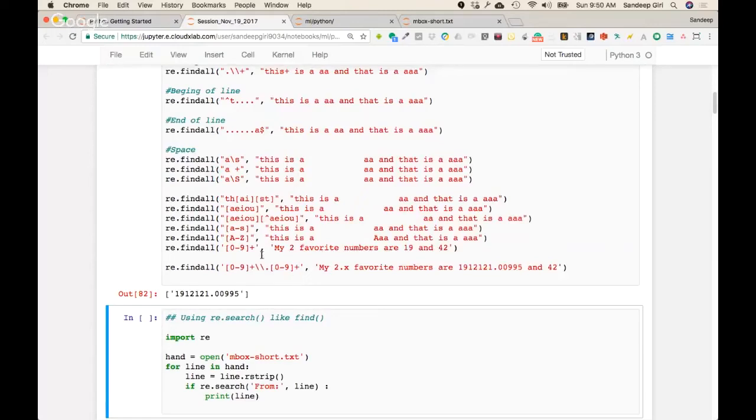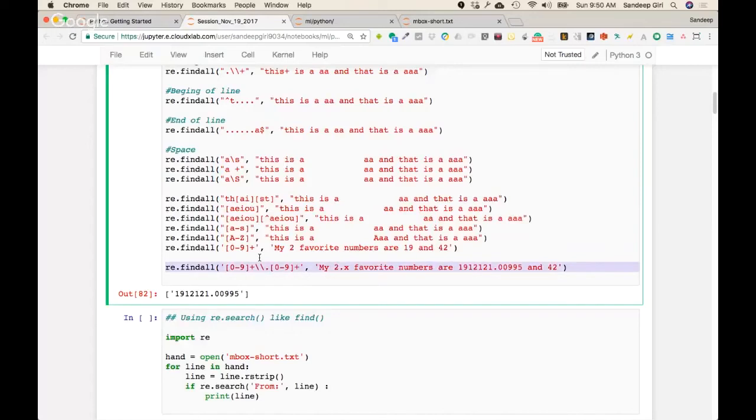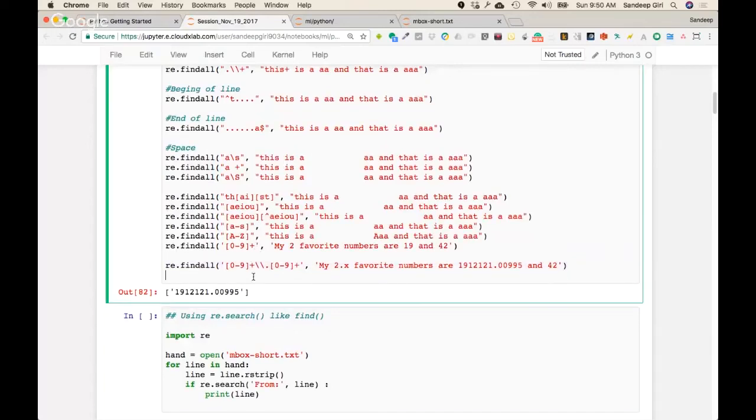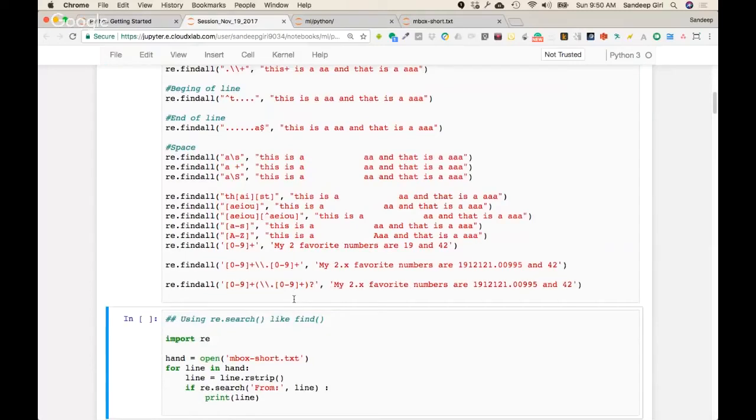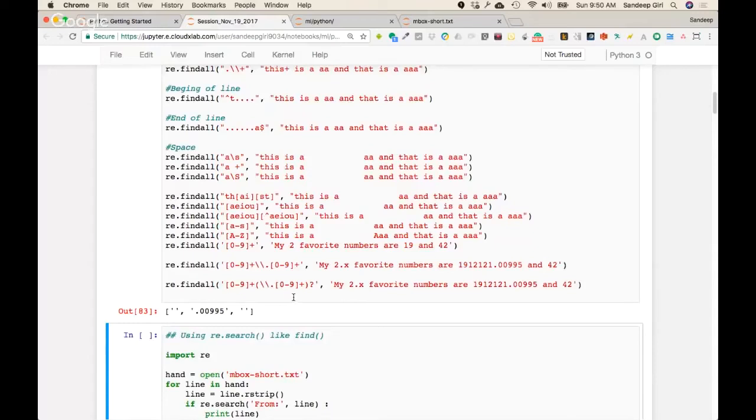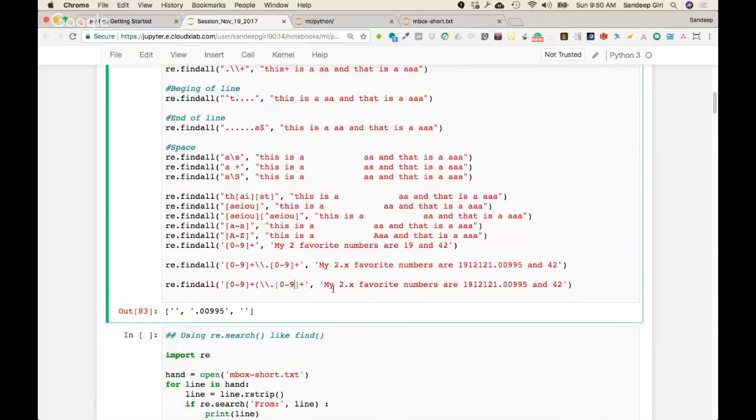Now let's say we would like to match any number, whether integer or float. So what I'm going to do is there is something called brackets. Brackets basically group things together, and there we could put a question mark. Okay, what did we miss? Okay, not really. Let me just check.